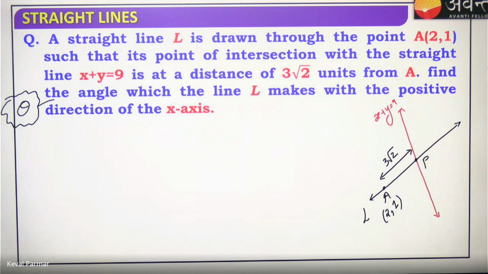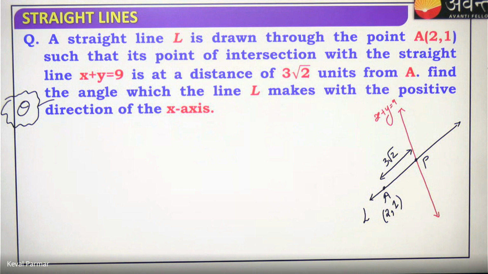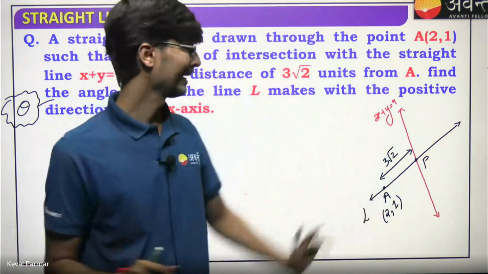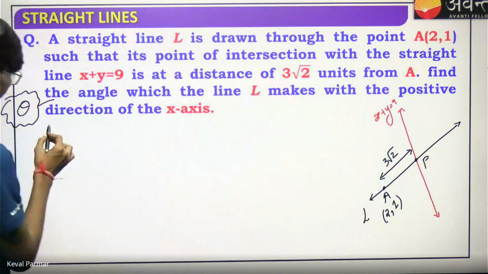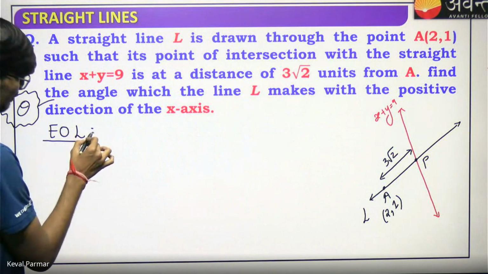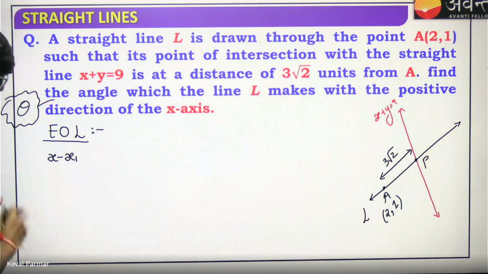Now, we have to find the inclination of line L. This is the required line, or you can say they have given the name, it is L. Correct? Now, how do we find it? We use the parametric form of equation of line for L. So, equation of line L in parametric form will be x minus x1.